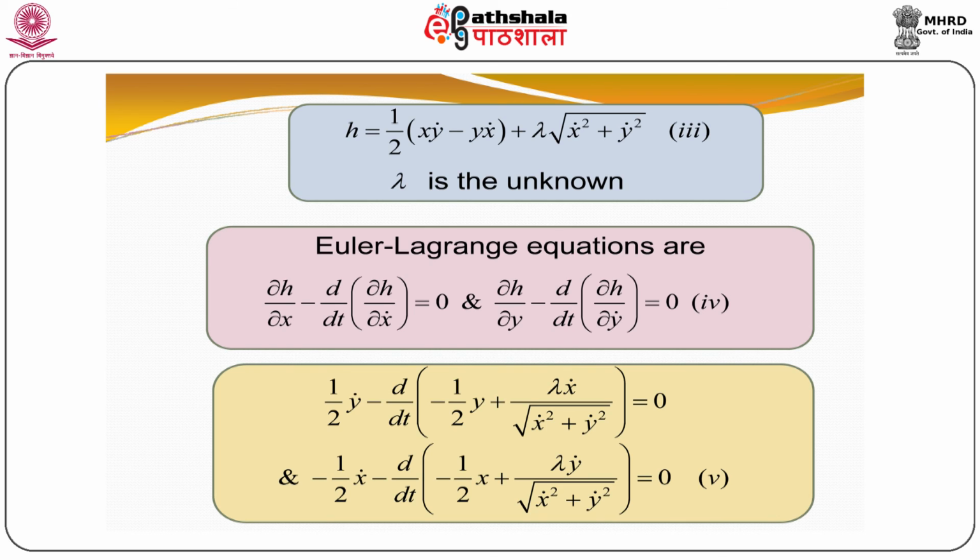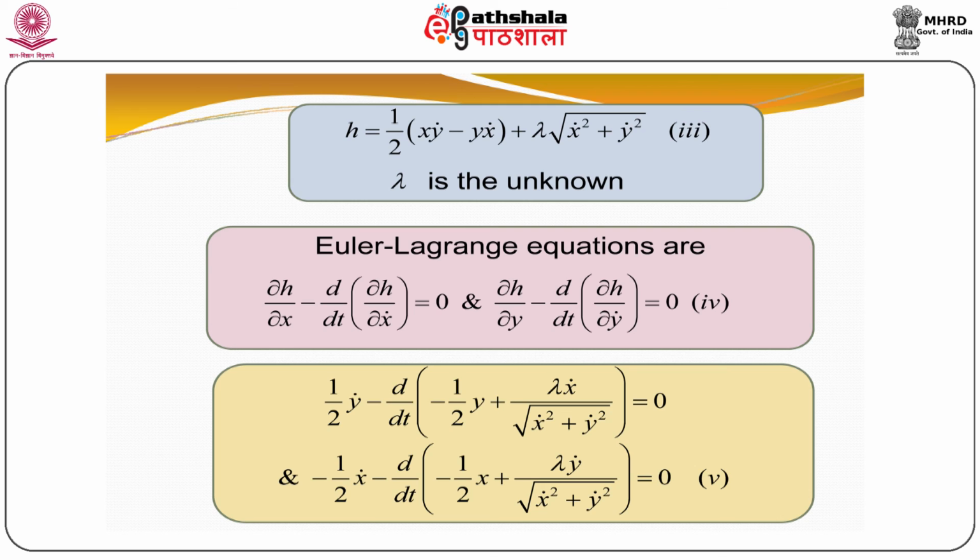The total length of the curve is given by I2 equal to the integral from t1 to t2 of the square root of (x dot squared plus y dot squared) dt. We have to optimize I2 also.